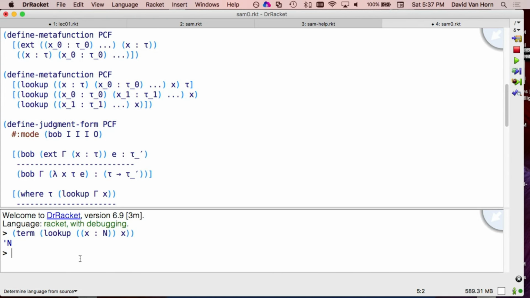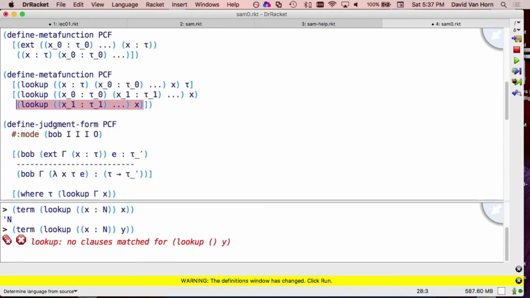But yes, I can make examples of my meta function. I can do things like, let's say I look up something that's not in there. I get an error because the meta function is just not defined in that case. And I can do things like, you want to make sure that you actually get the first one.